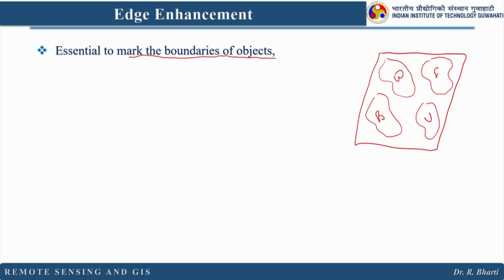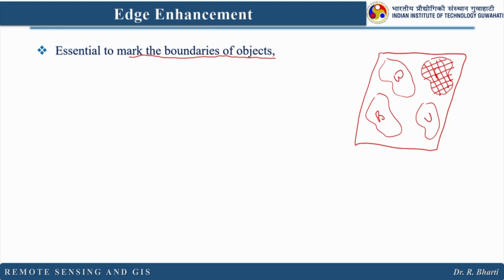If you want to calculate the area of this forest, you need to identify the number of pixels in this particular class, right? But how will you define that these are the pixels belonging only to this particular class? By identifying this edge, right?